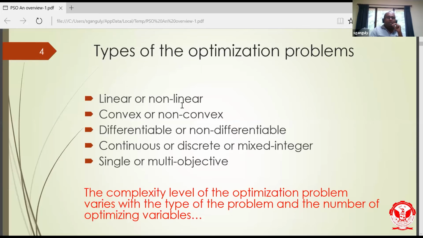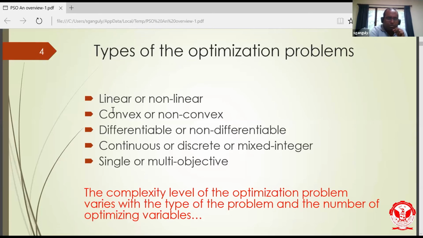Now when will we call an optimization problem linear? When our objective function is linear as well as all the constraints are linear. Okay, so this is a special form of optimization problem, and many of the practical problems do not belong to linear problems.